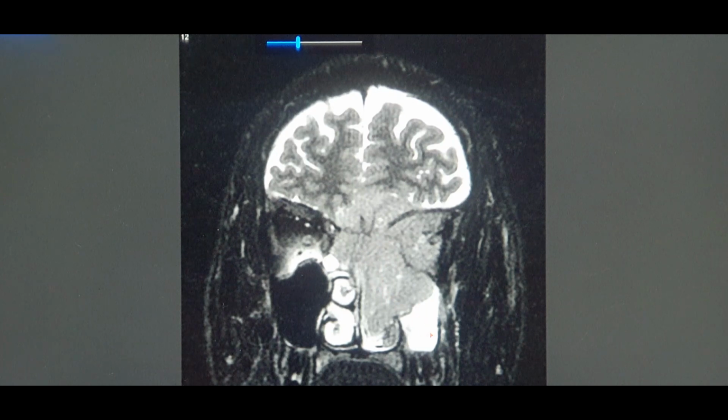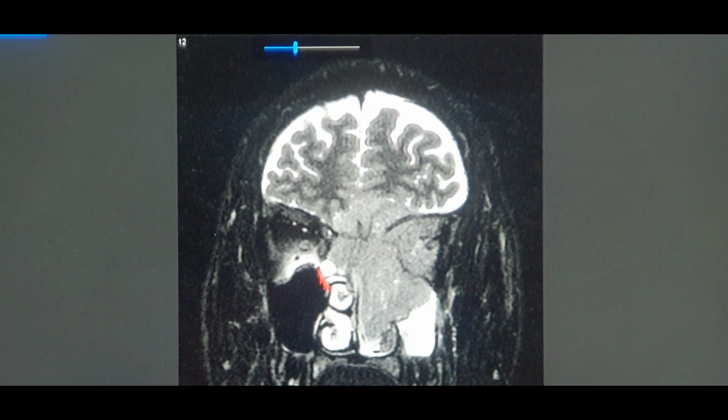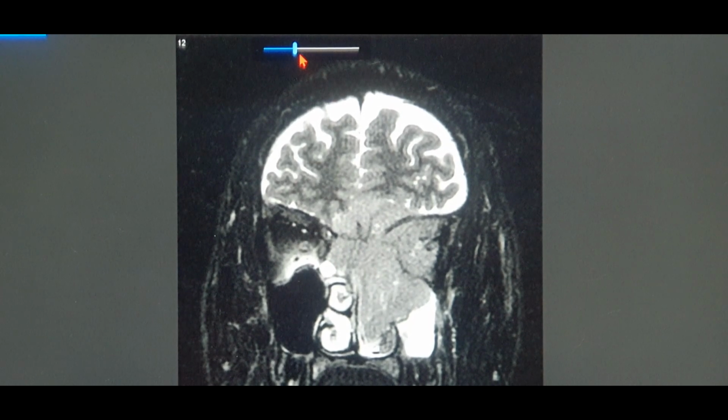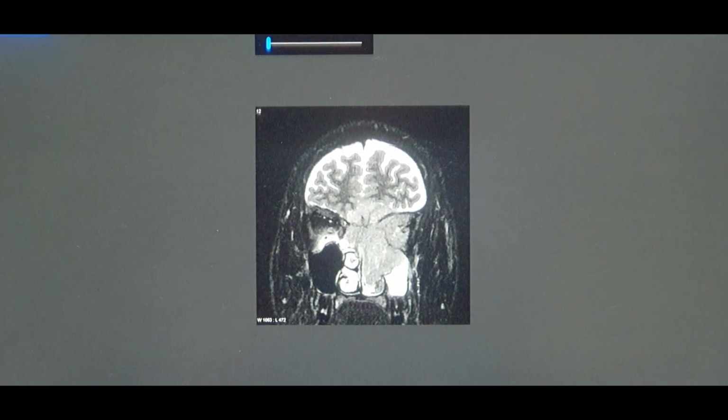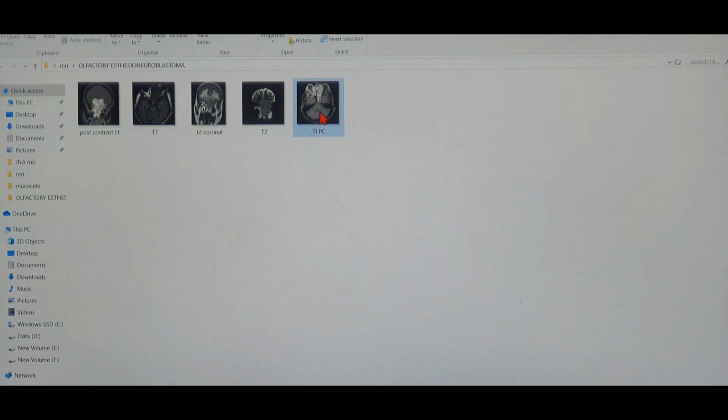That's the T2 section, which is hyperintense on T2, and the tumor is appearing hypointense to the muscle, or you can say slightly hyperintense to muscle. Not much, but this is a T2 image. That's the olfactory neuroblastoma. So this is how you can differentiate the different tumors.